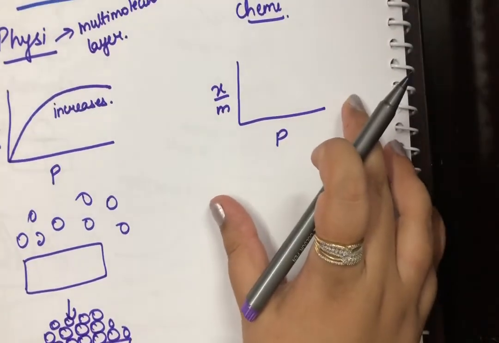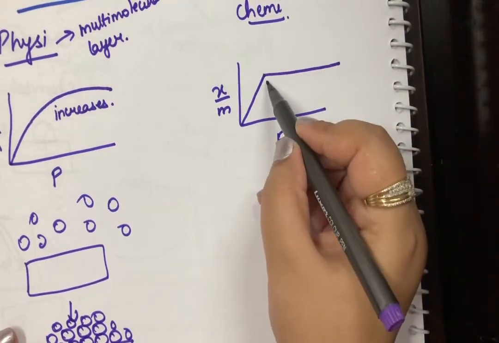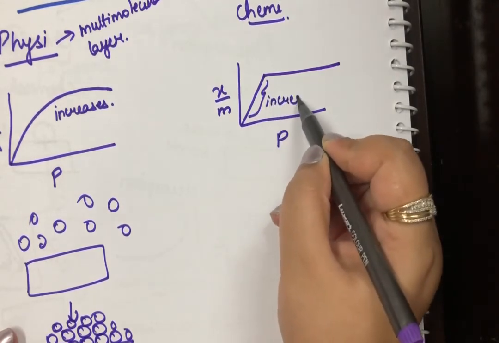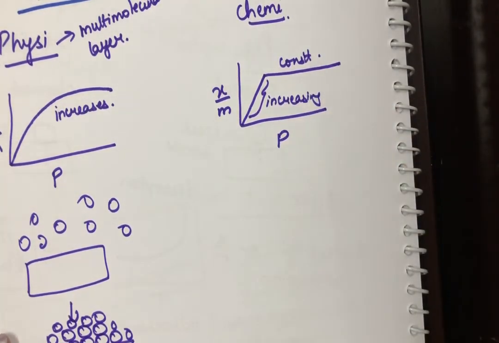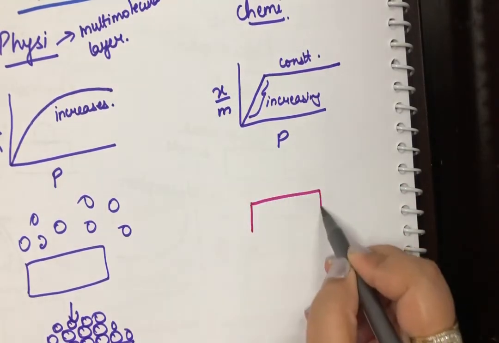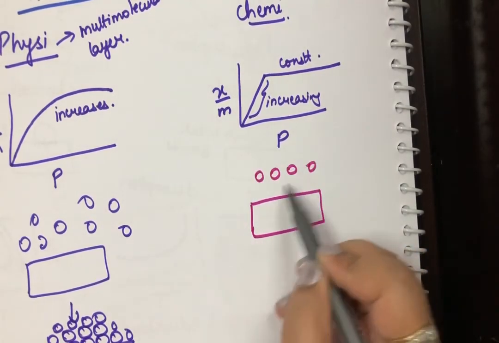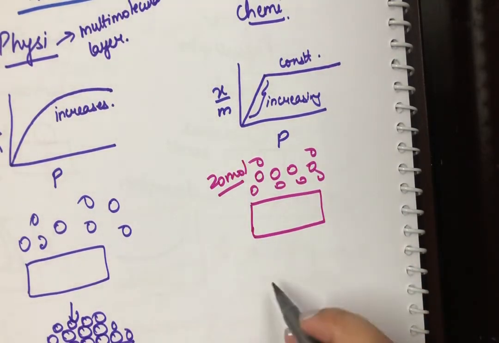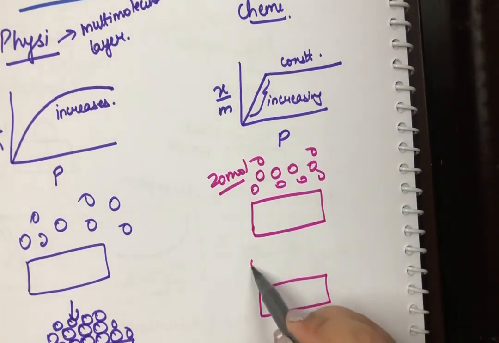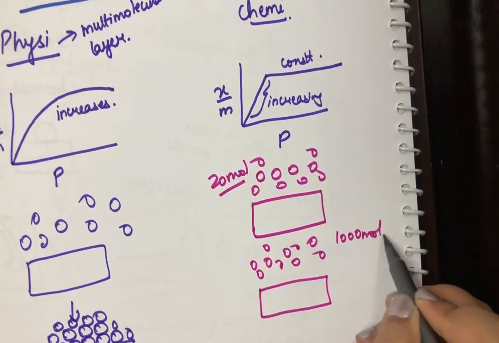Now if I am talking about chemisorption, what will happen? It will increase and then it will become constant. So in this portion I will say it is increasing, and in this portion I will say it is constant. Now what is the logic behind it? Let me just grab a pen. I had this molecule. Let's say there were around 20 molecules here, and then I have a molecule which has let's say 1000 molecules here.